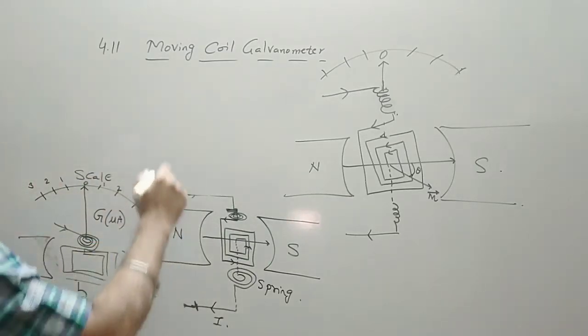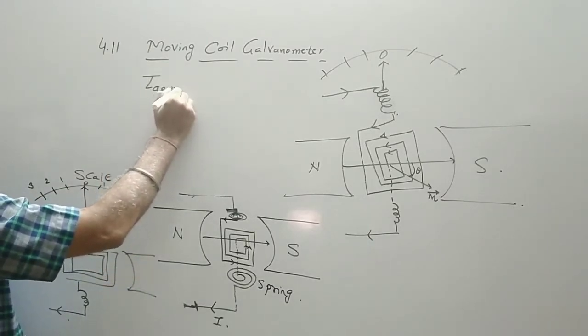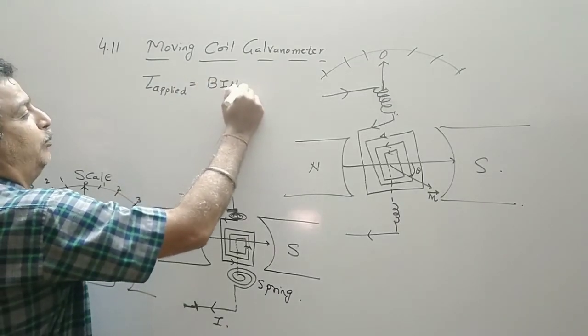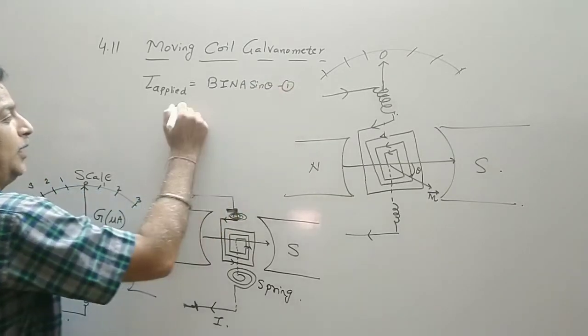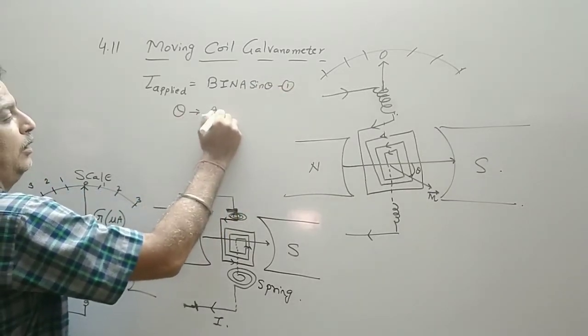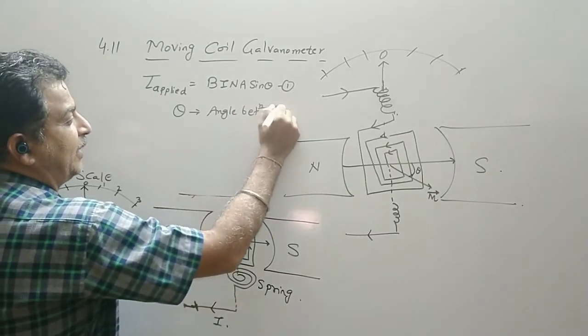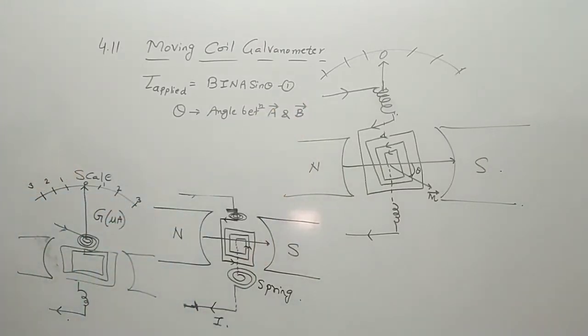Now what was the torque acting? This is your applied torque. Applied torque means when we pass a current, the formula becomes BINA sin theta. What was theta? Theta was the angle between the A vector and the B vector.